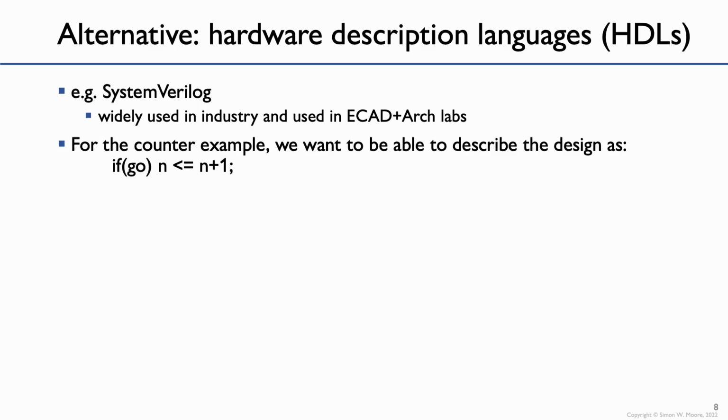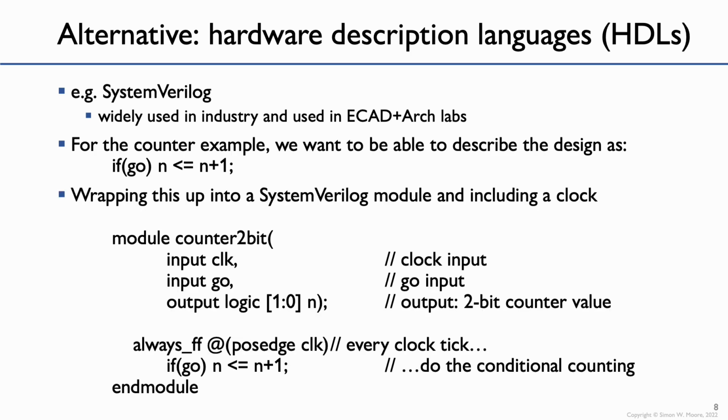For the design example we've just looked at, we can actually turn those requirements into a simple if statement. So if go, n is n plus 1. Otherwise, n won't be changed. We then wrap that up into a SystemVerilog module, including a clock.